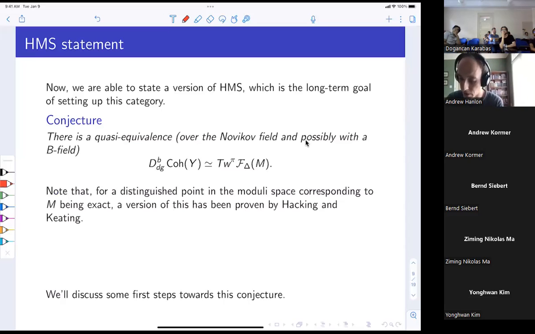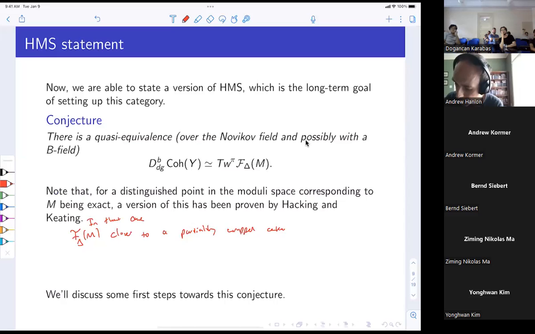So F delta of M in this setting is maybe closer to a partially wrapped category, which is stopped at a certain combinatorially defined stop.